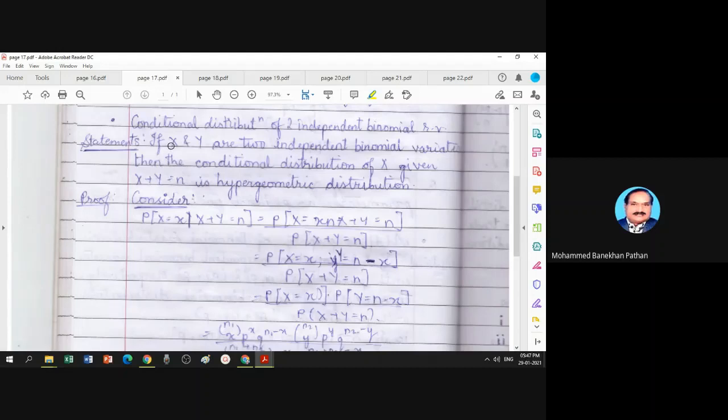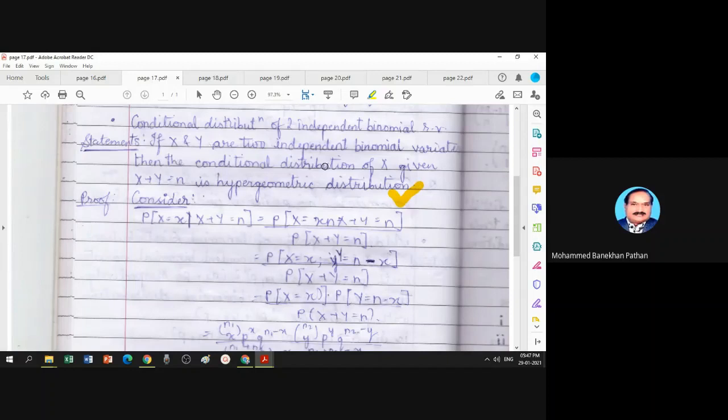Statement: X and Y are two independent binomial variates, then the conditional distribution of X given X plus Y equal to small n is hypergeometric distribution.